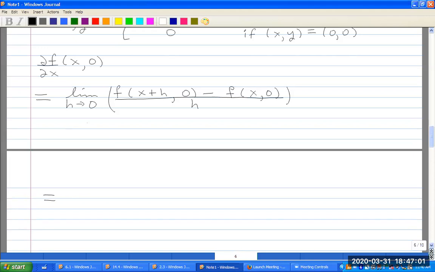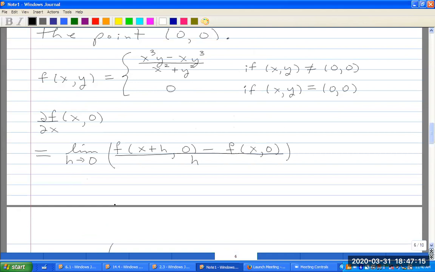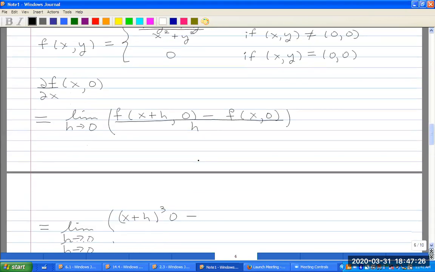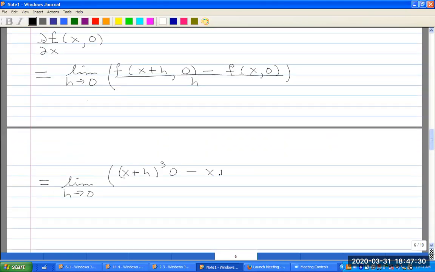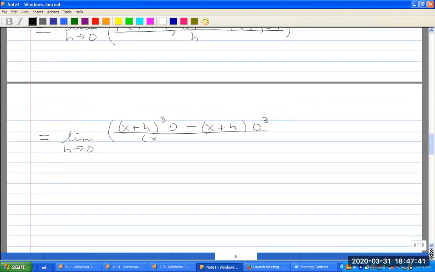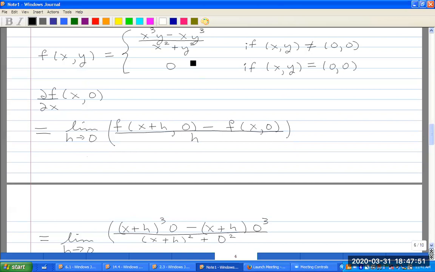This is the limit as h approaches 0 of x cubed y minus xy cubed over x squared plus y squared. Okay, so that's what this is equal to.